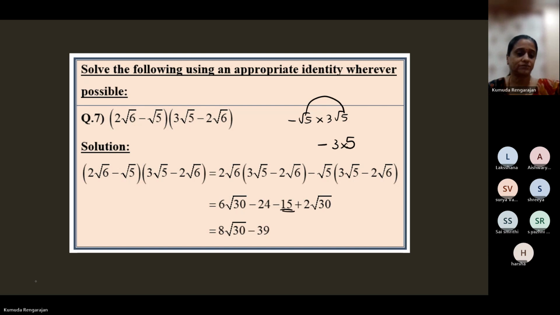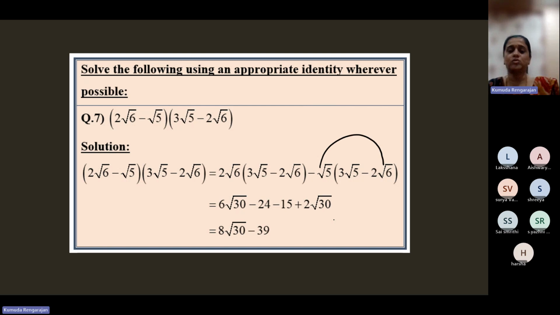Next, minus root 5 into minus 2 root 6. Minus into minus is plus. This 2 here, and root 5 into root 6 is root of 5 into 6, which is root 30.